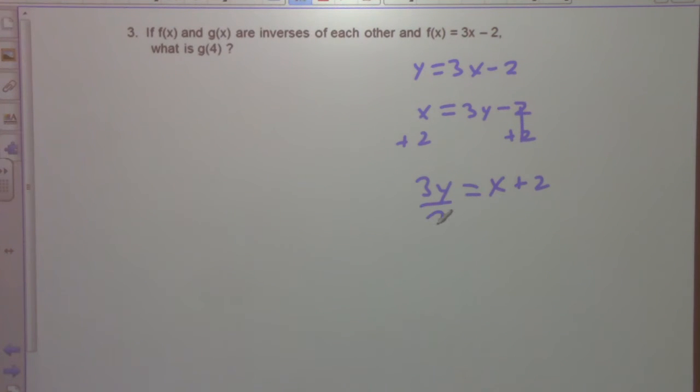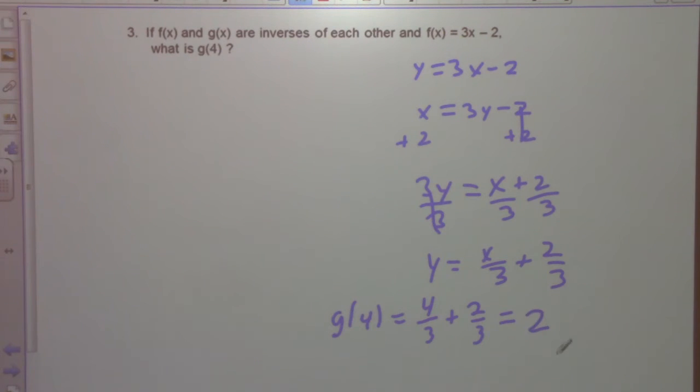So we add 2, then we divide by 3, and we get y equals x over 3 plus 2/3. And that's going to be g of x too, right? So g of 4 is equal to 4 over 3 plus 2 over 3, which is 6 over 3, which is 2. So 2 is going to be your answer for this one.